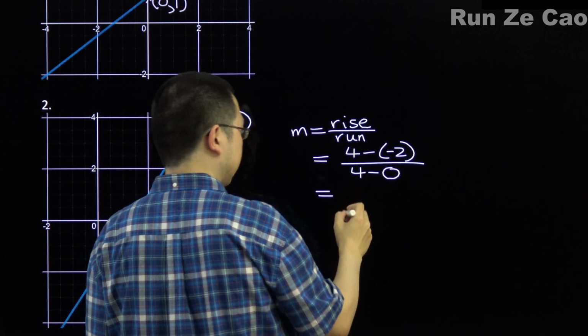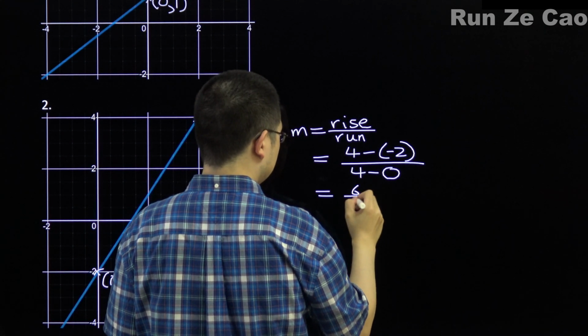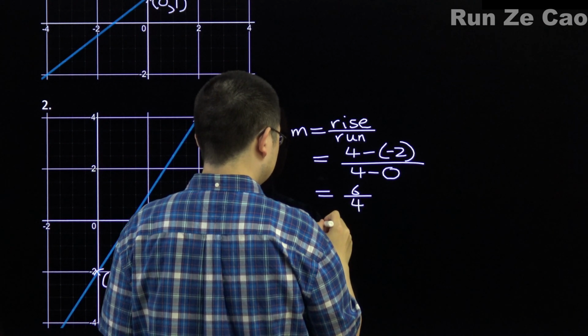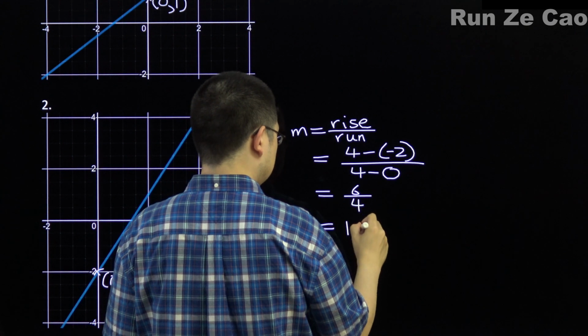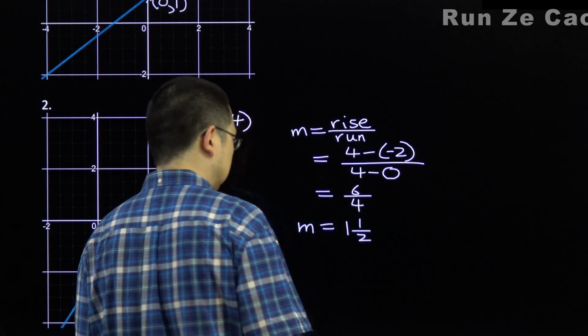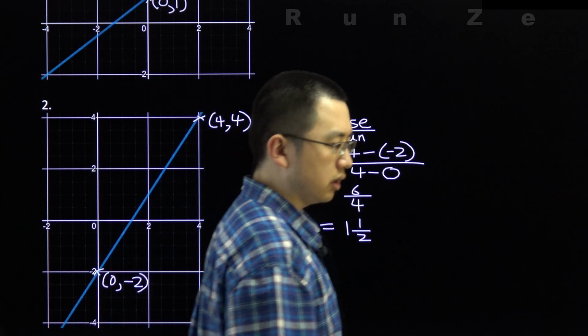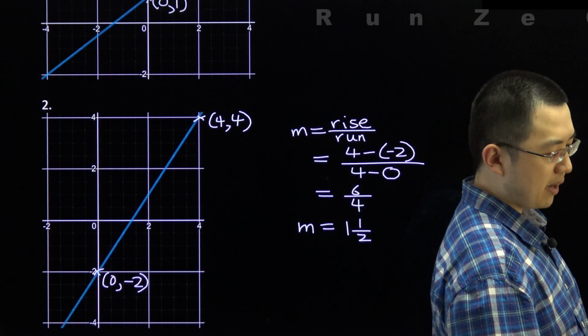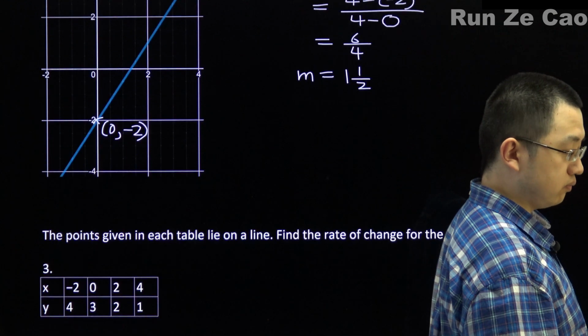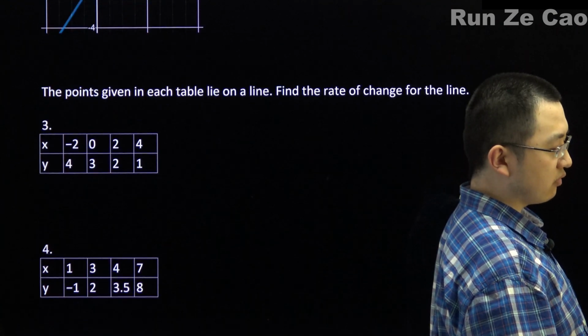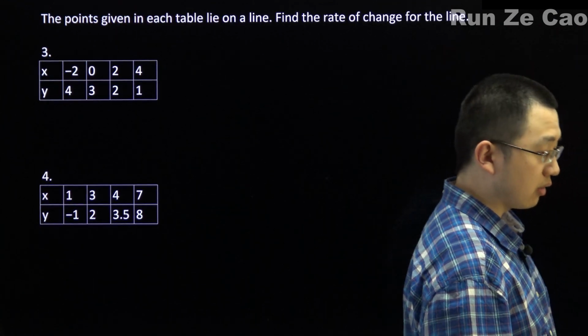So 4 minus -2, that's 6 over 4. So M is equal to 1 1/2. Or 3 over 2. People generally aren't that picky about writing your slopes if you write them as improper fractions, mixed fractions, whatever, as long as it gets the point across.